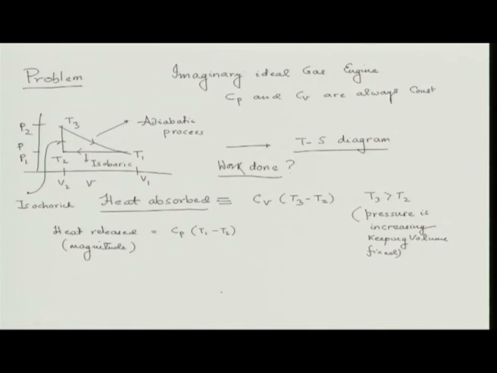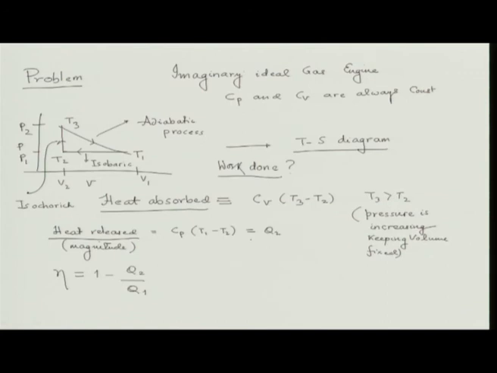Okay. Now, once I have heat absorbed and heat released, I can immediately calculate the efficiency of my engine. Efficiency will then be given by 1 minus Q2 by Q1. This is my Q2.